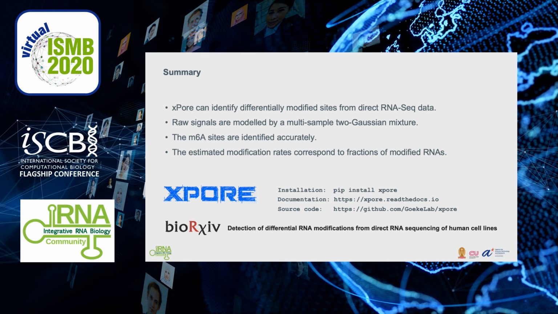The results suggest that direct RNA-seq data can be used to identify differential RNA modifications, even though the genetic conditions are diverse or the amount of RNA is limited, which brings opportunities to analyze clinical samples at scale.